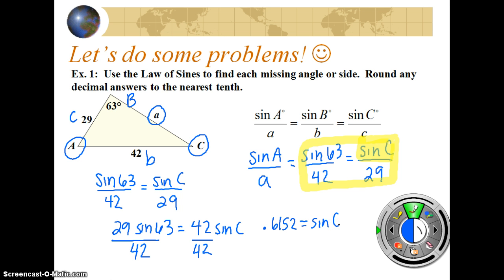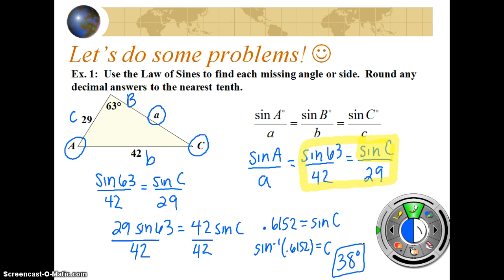But we want to find what C is, and that's an angle, so we need to do sine inverse to find that angle. So I'm going to do the sine inverse of 0.6152, and I'm going to get 37.9, which will round to 38 degrees.